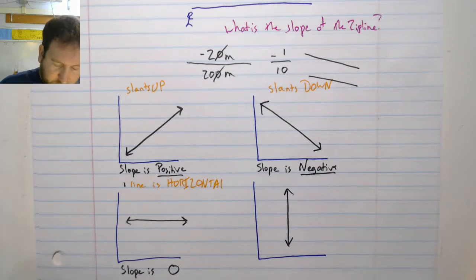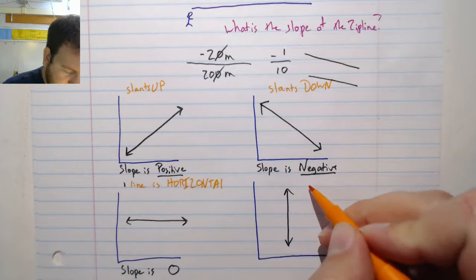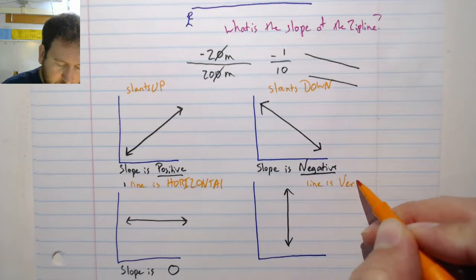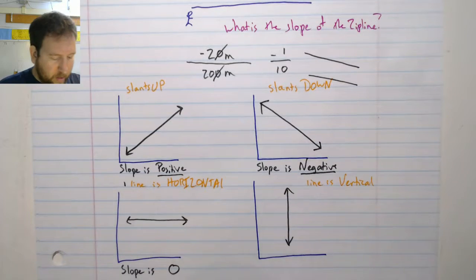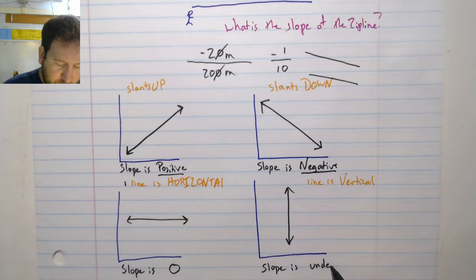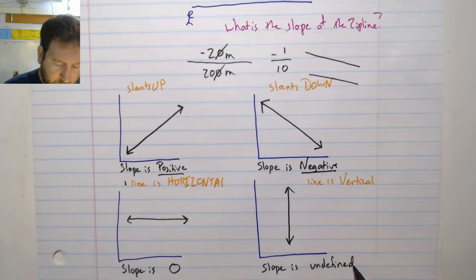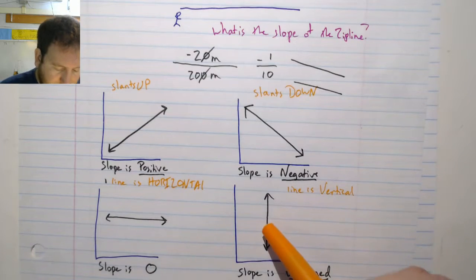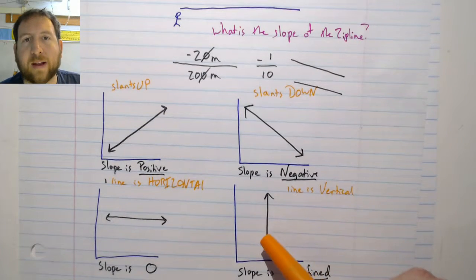And in this one, our line is vertical. And we would say that our slope is undefined. The reason is because it doesn't move in x.